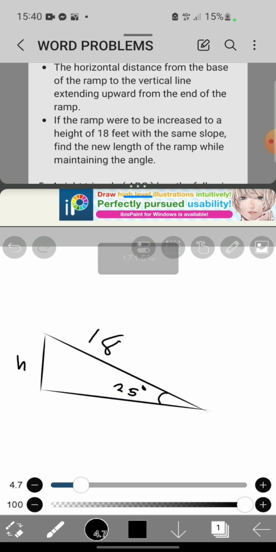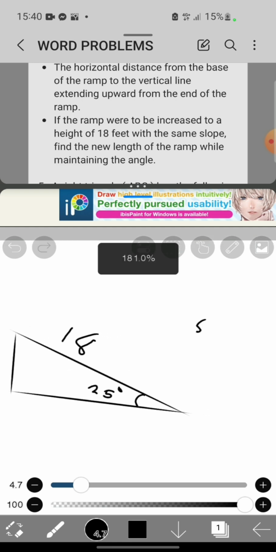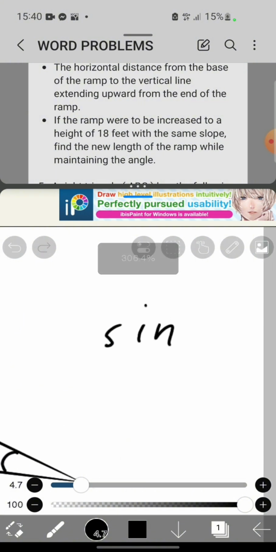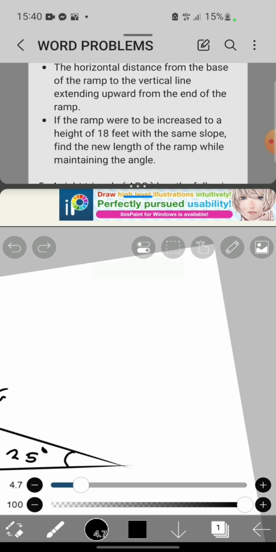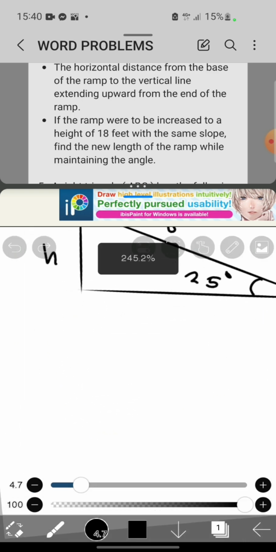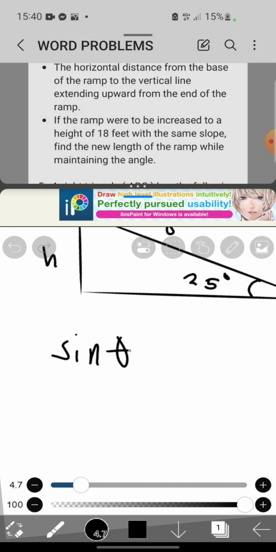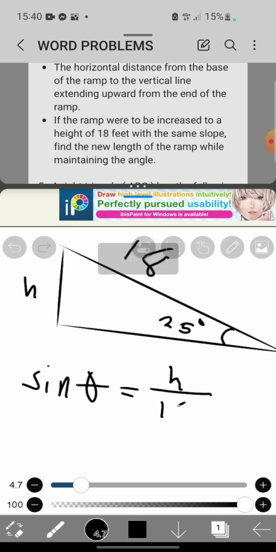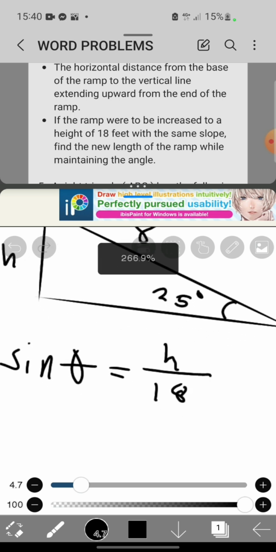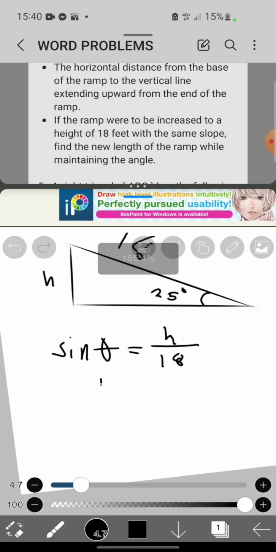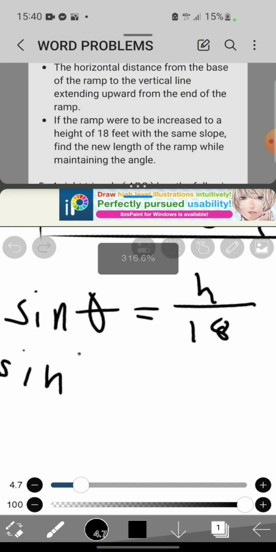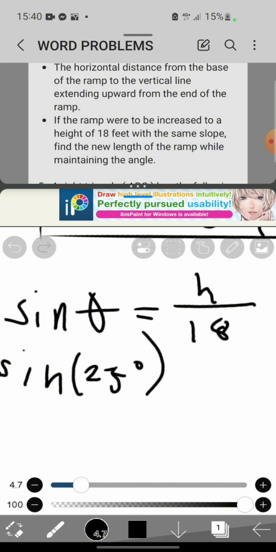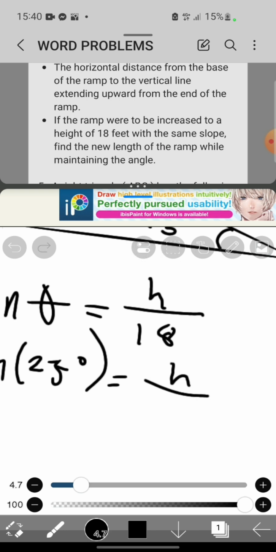We have to use SOH for this one, which is sine theta is equivalent to the opposite, which is h, over the hypotenuse, 18. So sine 25 is equivalent to h over 18.